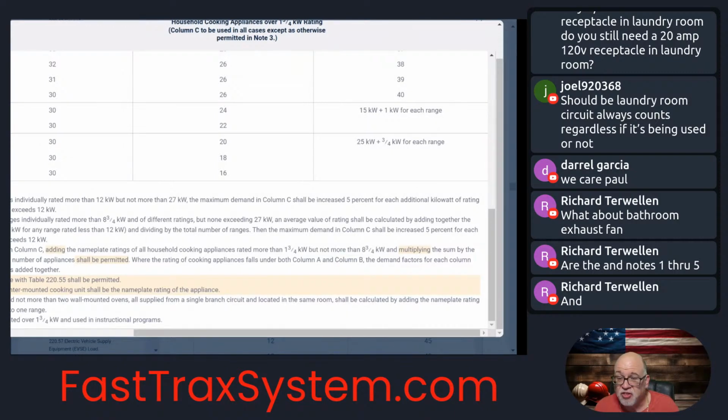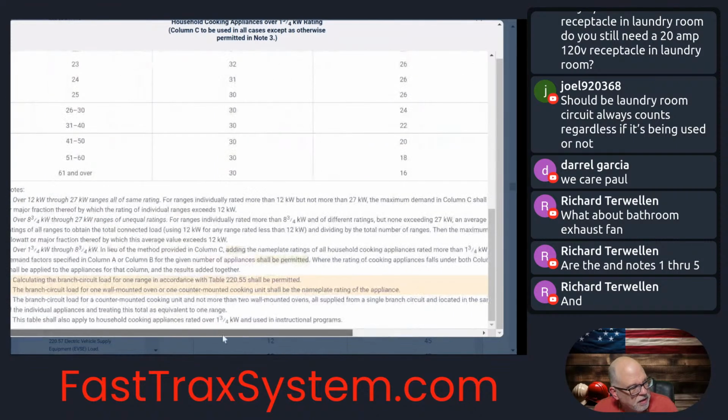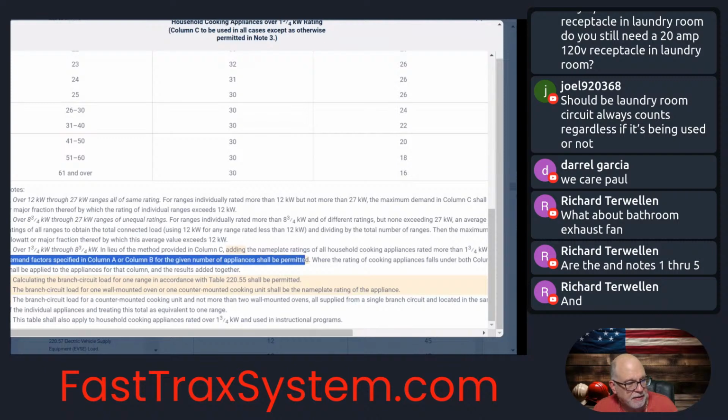So you add the sum of them together and multiply the sum, that means adding the two together, by the demand factor specified in column A or column B for a given number of appliances, shall be permitted.